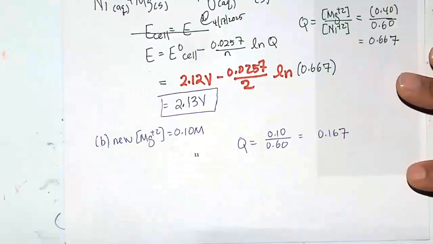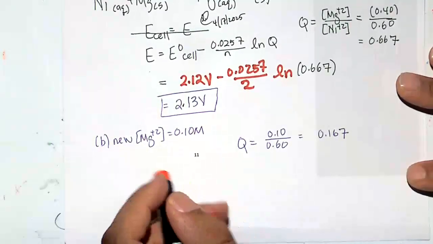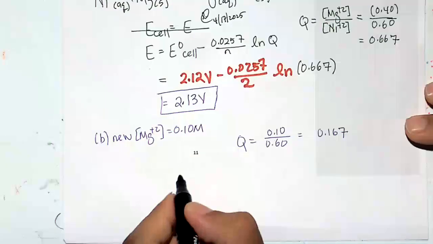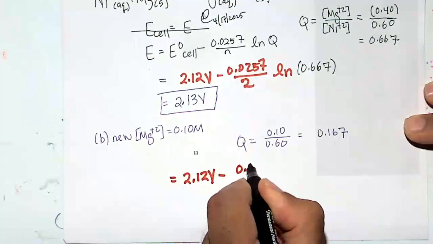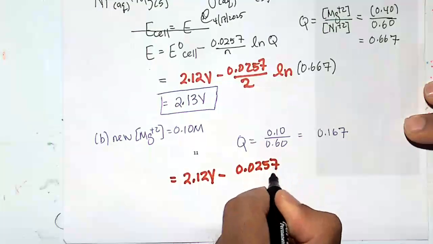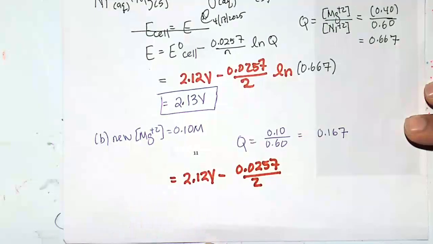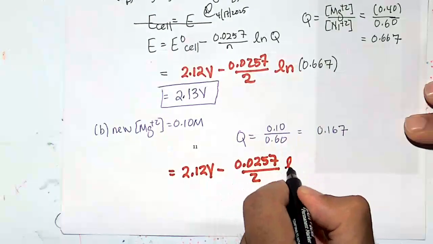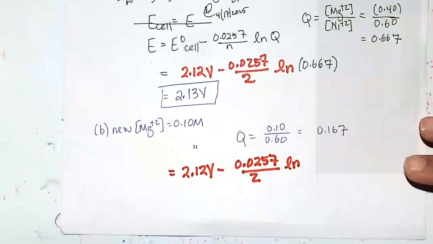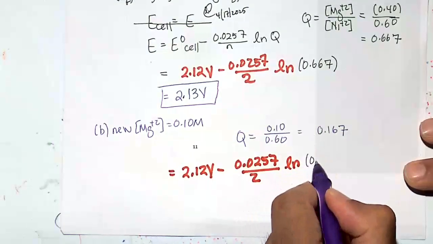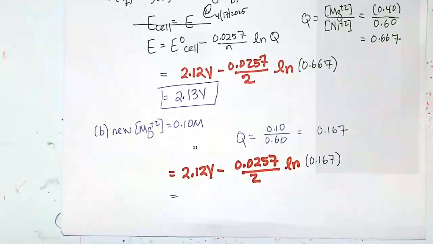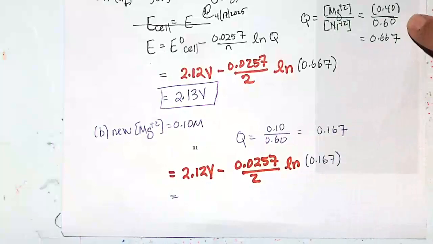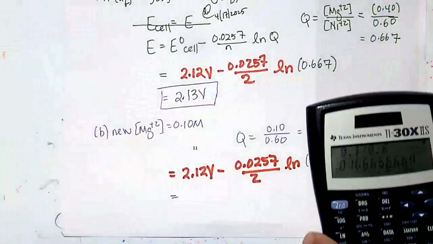Okay, let's plug it back into this equation here. Ecell is still 2.12 volts minus 0.0257 divided by 2. It's still a 2-electron transfer reaction, but now it's a natural log of 0.167. We decreased magnesium by a factor of 4, making it from 0.4 to 0.1. And what is this going to be?